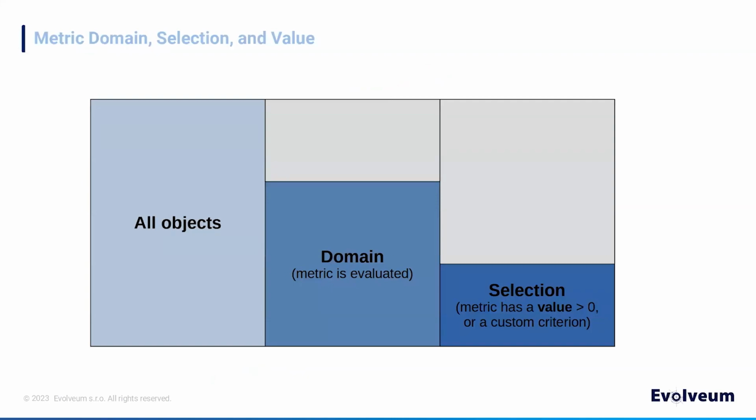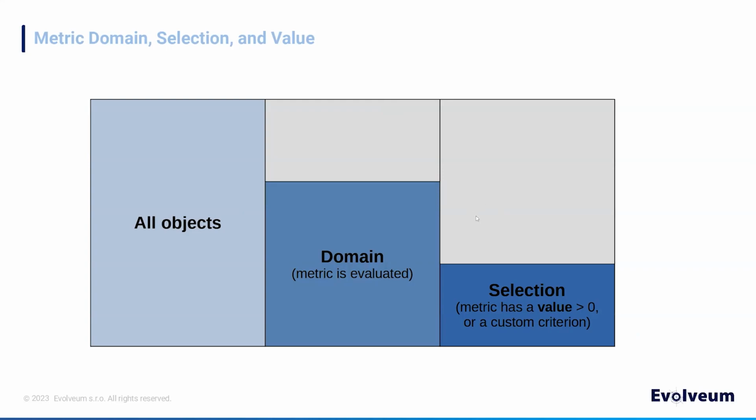Now, before having a look at the custom metric definition, let's talk about the concepts of domain and object selection. Some metrics are applicable to all objects, but some metrics are applicable only to a subset of objects.